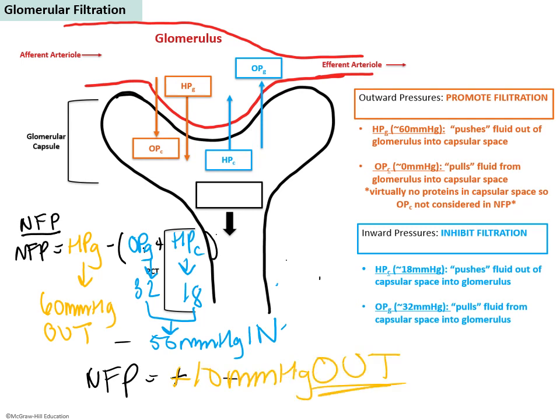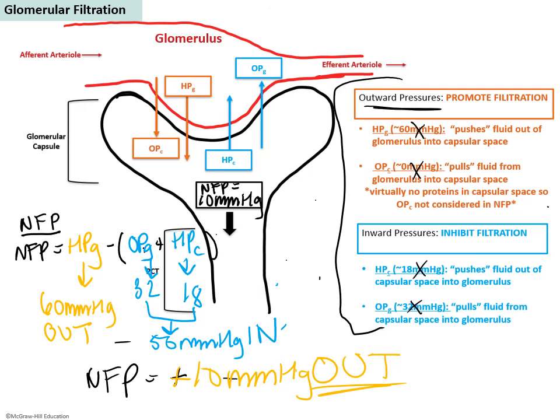And this is promoting filtration. So on this last little box up here, you can write net filtration pressure equals 10 millimeters of mercury. And that is going to be a promoting filtration pressure. So overall, know basically all of this stuff. You don't need to memorize the numbers, but you do need to know that overall we do have a positive 10 outward pressure that is promoting filtration.